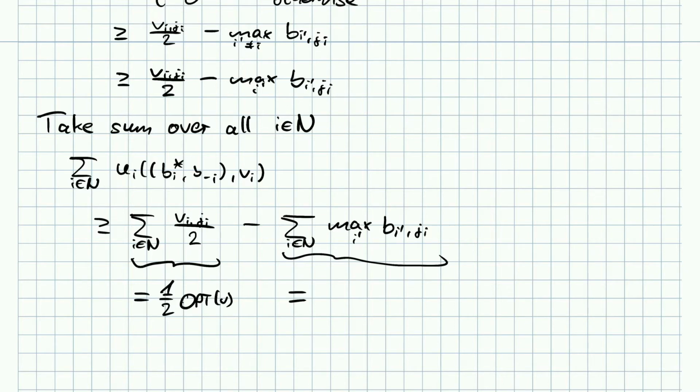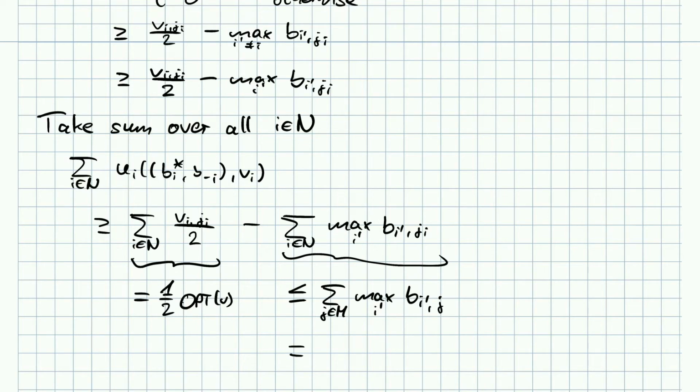So technically this could also be a little different because not every item needs to be allocated in the optimal solution, but it is clearly upper bounded by the sum of the maxima of all bids.